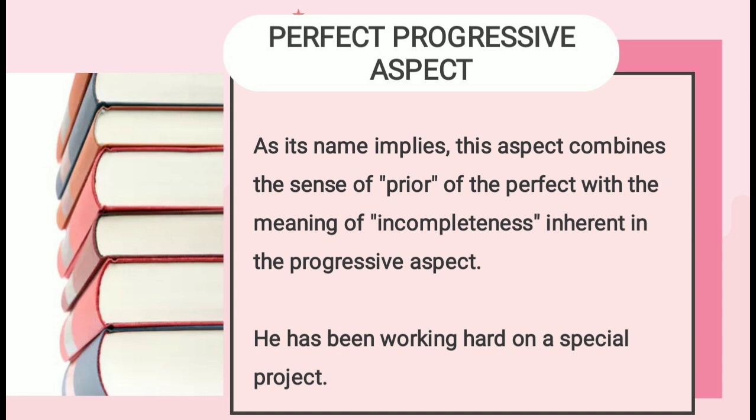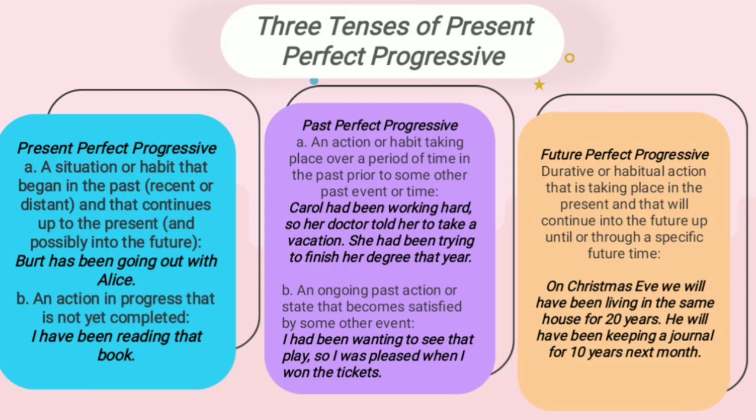So next we examine how these two core meanings work in tandem for each of the tenses. And as you can see, we have here the three tenses of the perfect progressive aspect. So we have here the present perfect progressive, the past perfect progressive, and the future perfect progressive.